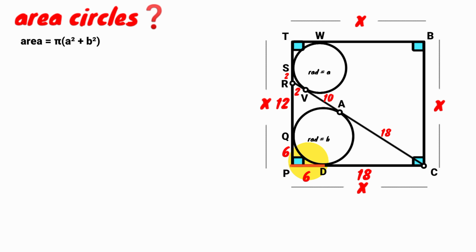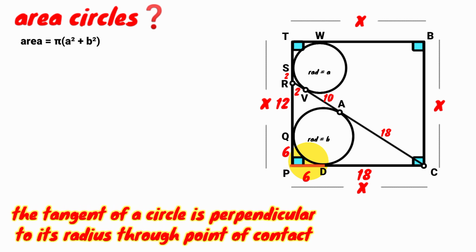Now from the circle theory, there is a rule that the tangent of a circle is perpendicular to its radius through the point of contact. So since this side, this and this are tangent to this circle at this point, this and this, if we draw the radius of the circle to each point of contact, the angle formed will be right.